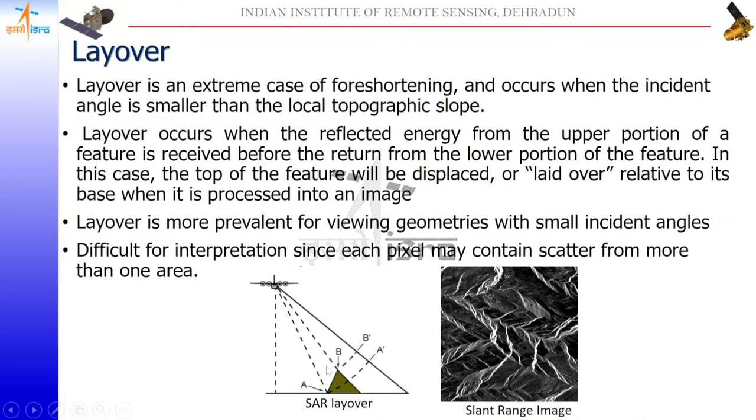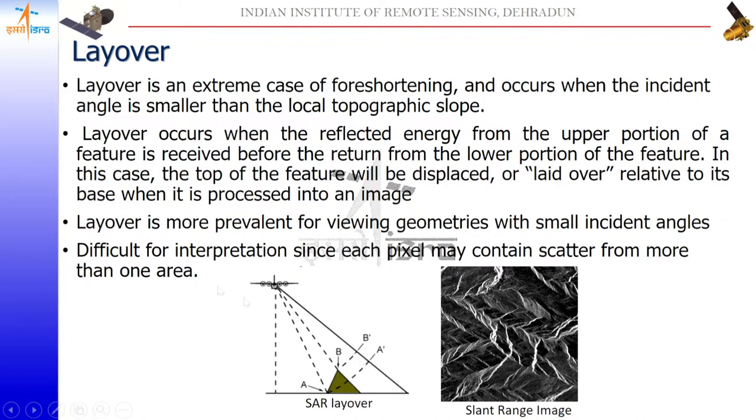The shorter range is written first, so B is written first and A dash second. So there is an inversion of the geometrical feature. That is called layover.